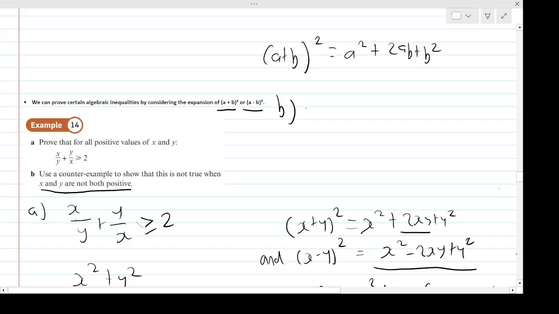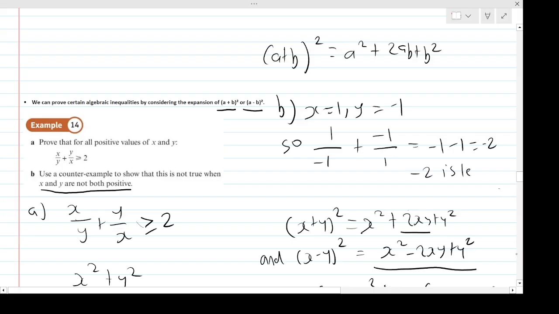Let's try then, x is 1, but then y is negative, so say minus 1, right? So they're not both positive. Okay, let's try that. So then x over y will be 1 over minus 1, and y over x is minus 1 over 1. Well, that's minus 1 minus 1, right? Which is minus 2.